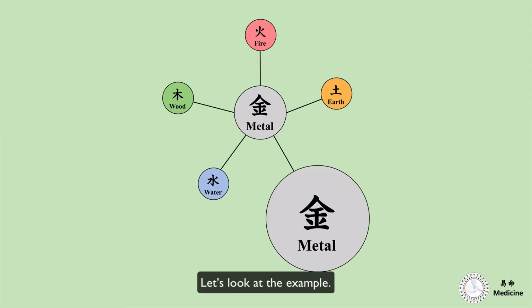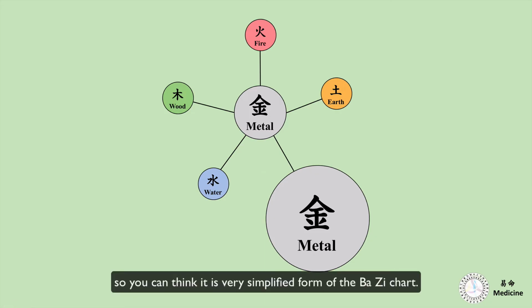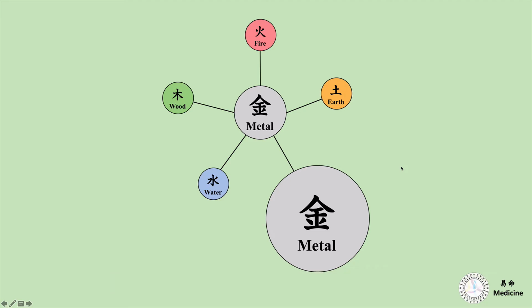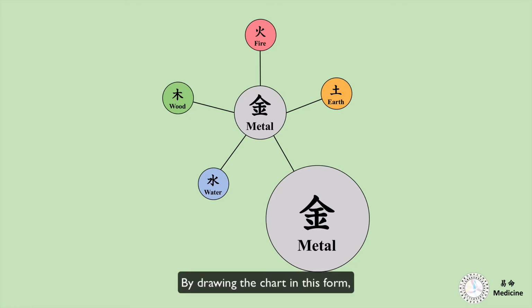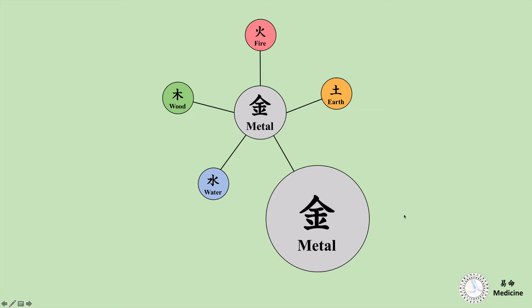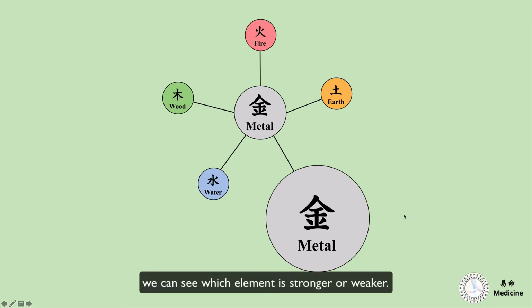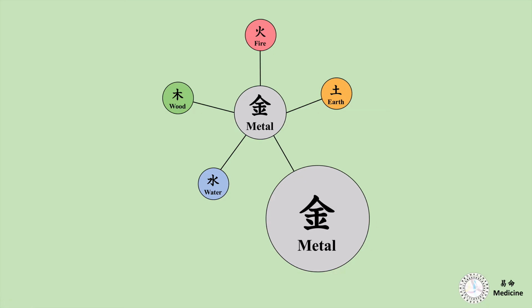Let's look at the example. I usually draw one's Bazi chart like this, so you can think it is very simplified form of the Bazi chart. By drawing the chart in this form, we can see which element is stronger or weaker.